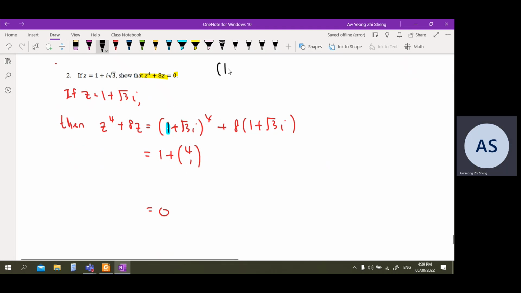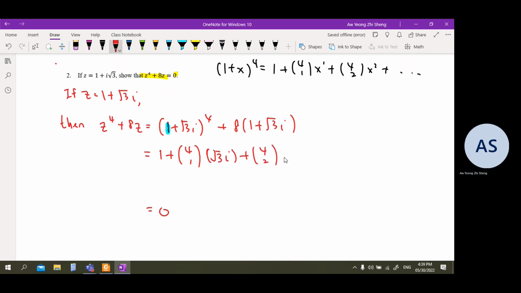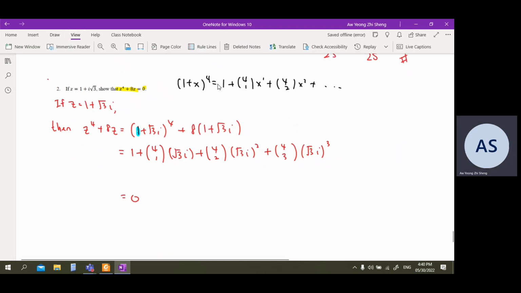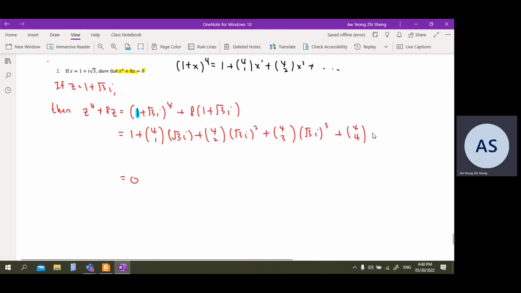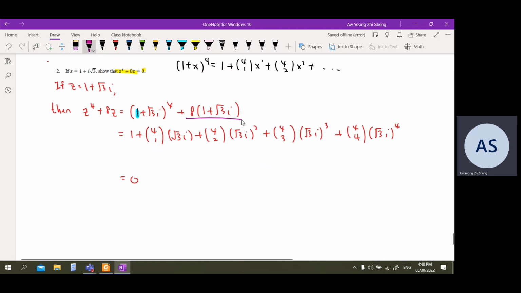Okay, so we'll use the expansion of 1 plus x to the 4, it being 1 plus 4c1 x to the 1, 4c2 x to the 2, and so on, where the x will be treated as root 3 i. Root 3 i with a power 2, 4c3, root 3 i to the power 3, followed by 4c4, root 3 i to the power 4. Okay. Yeah, this last term I will just write down the expansion in a different color. 8 plus 8 root 3 i.